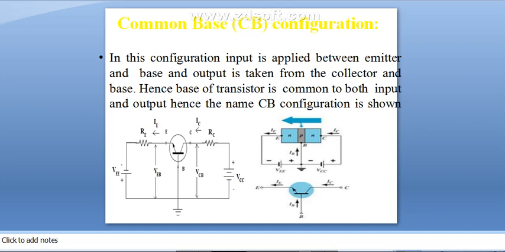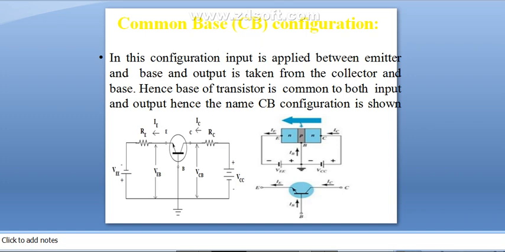The base of the transistor is common to both input and output, so hence it is called common base configuration, also called grounded base configuration.